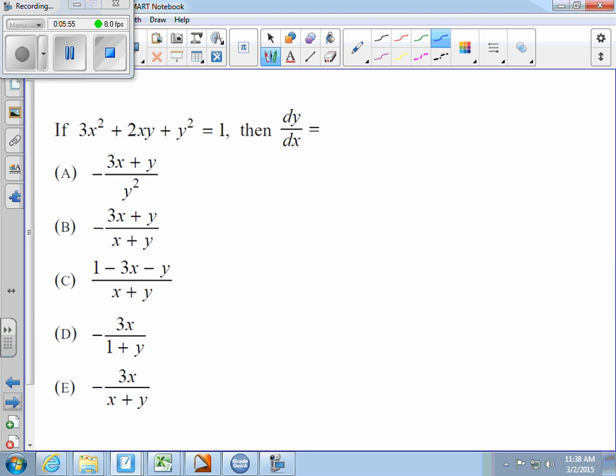That's the one place you need to be careful. Because of the 2xy, you need a product rule. Always look for those before you start implicit differentiation. Look for product rules, look for quotient rules, look to see what you can find.